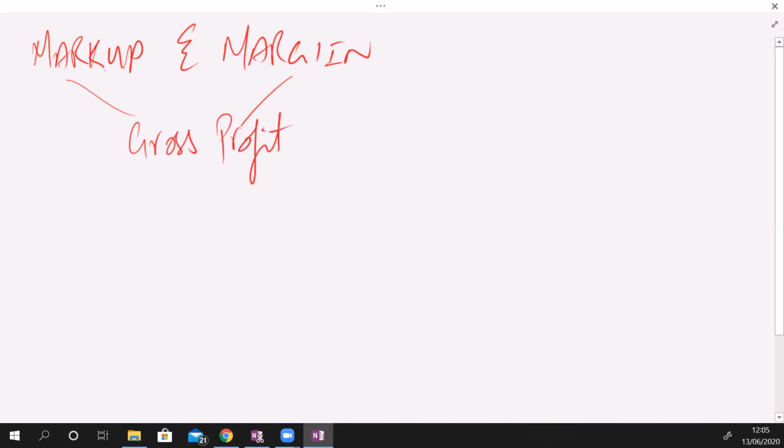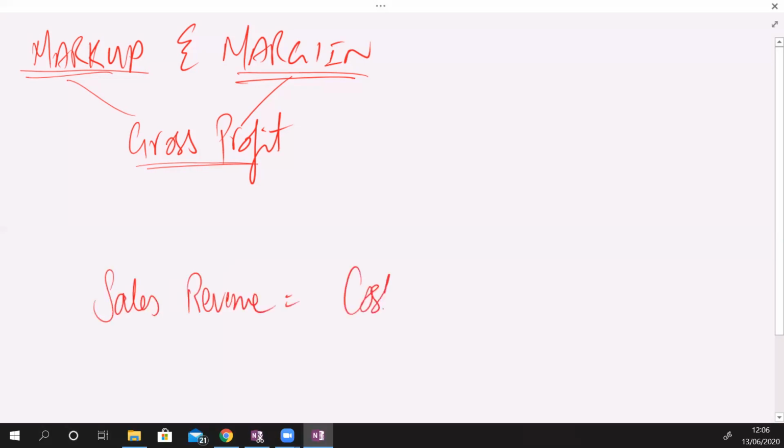All right, both markup and margins are used for gross profit, but the equation is different. The equation is almost the same, but the formulation is different. The equation is: sales revenue is equal to cost of sales plus GP, or sales is equal to cost plus profit.